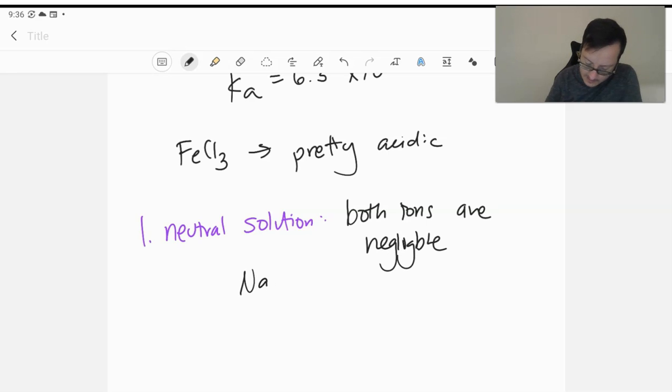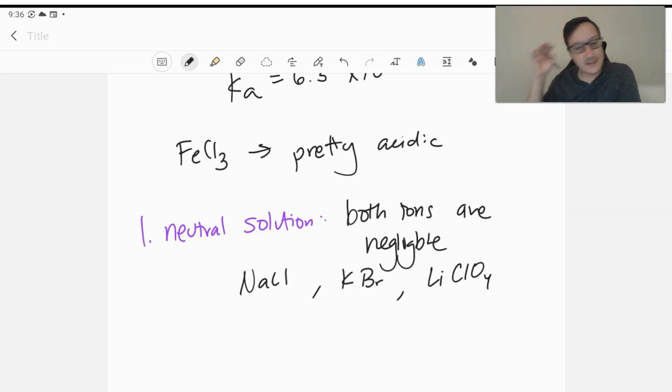For example, NaCl, or KBr, or why not, how about lithium perchlorate, whatever. Something like this. All these ions are negligible in terms of their acidity or basicity because their conjugates are strong for both. So your solution should be neutral.